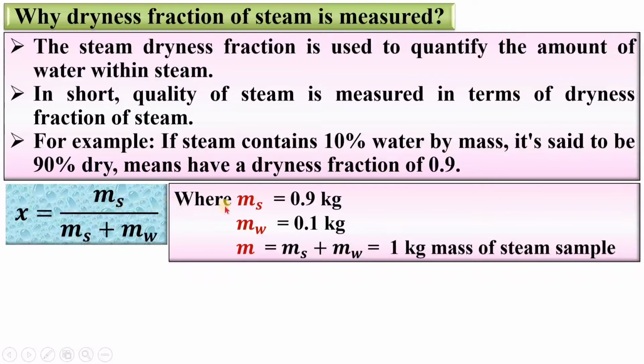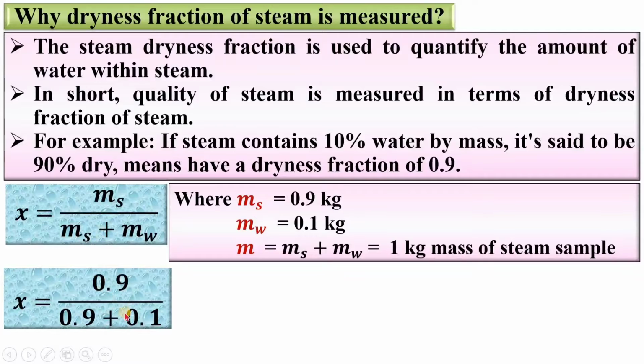So if you put the value over here, ms and mw, then you can find the dryness fraction of the steam, and that is equal to 0.9. So very simple, if it is 90% dry, then simply you can say the dryness fraction of the steam is 0.9, and from that you can realize that the 90% of the steam sample is dry and the 10% by mass is the water particles.